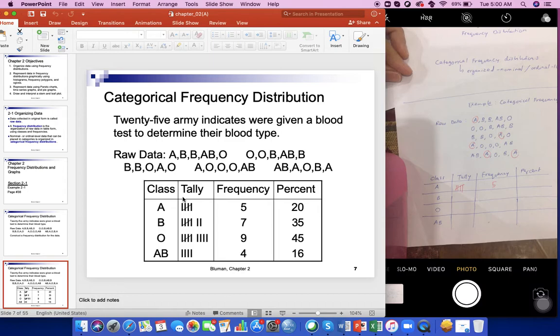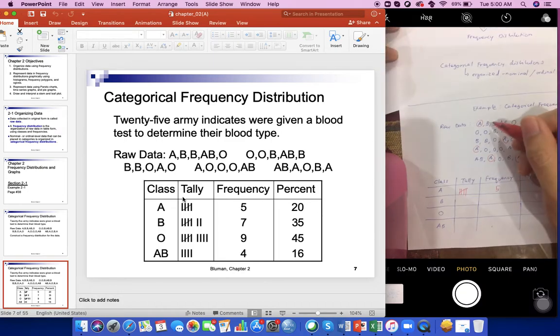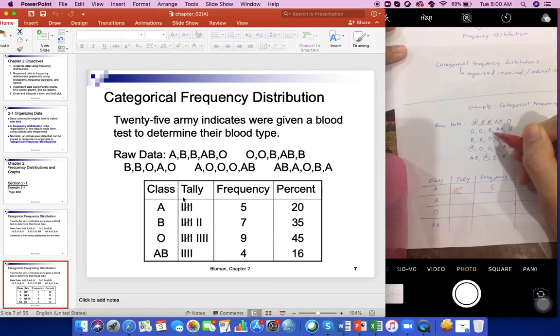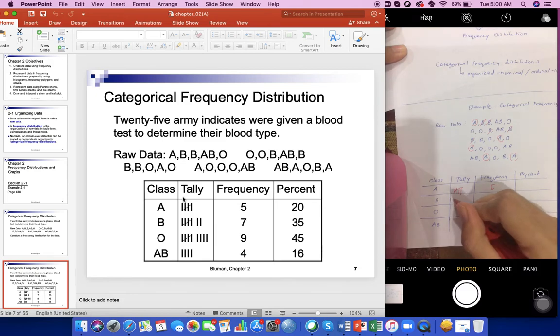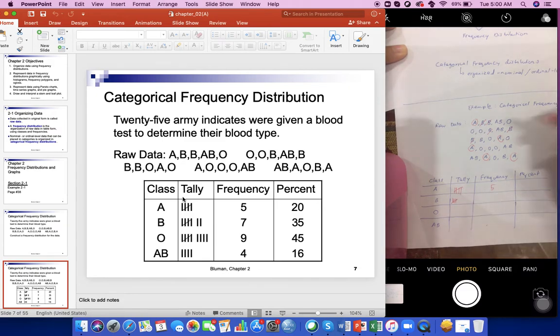Next is B. B, 1, 2, 3, 4, 5. 1, 2, 3, 4, 5. 1, 2. So we have 7 here.